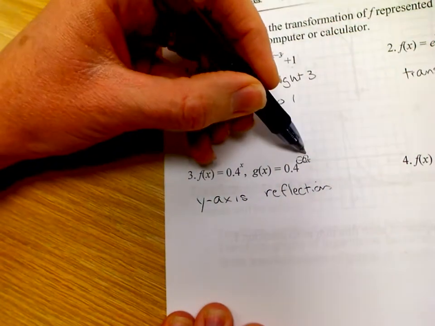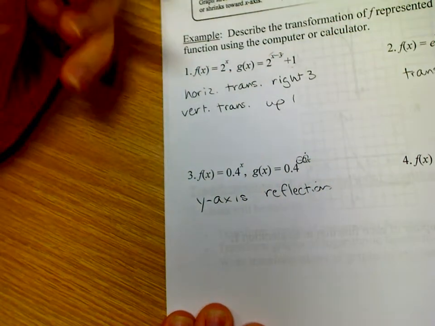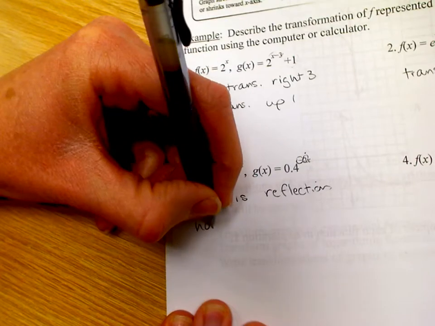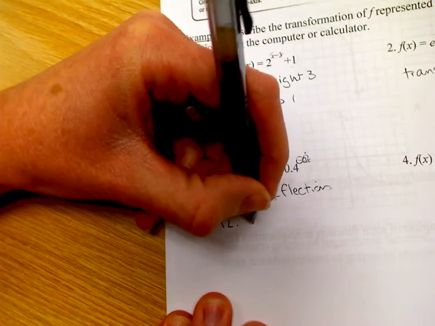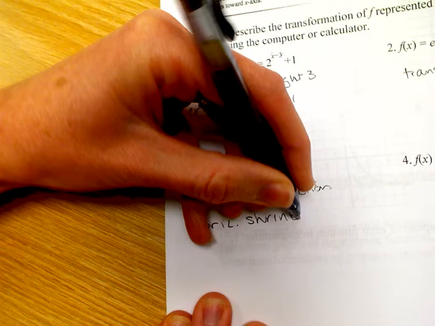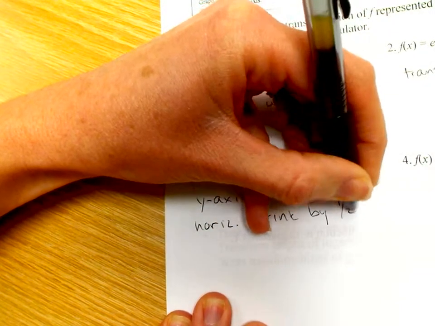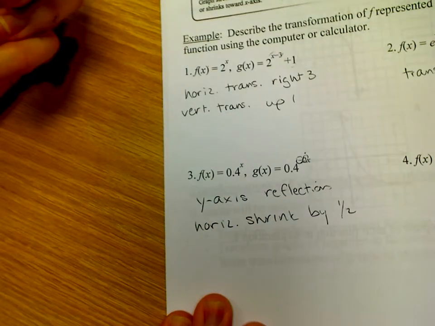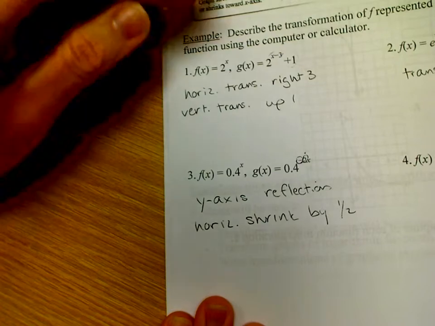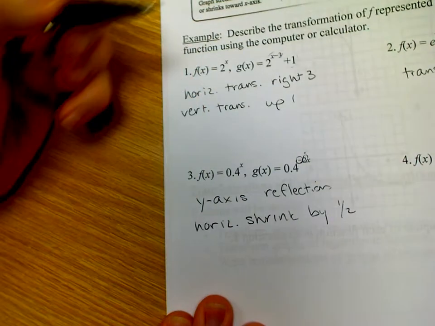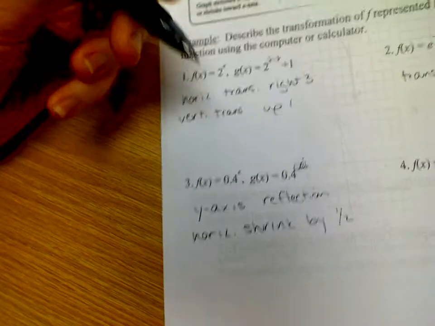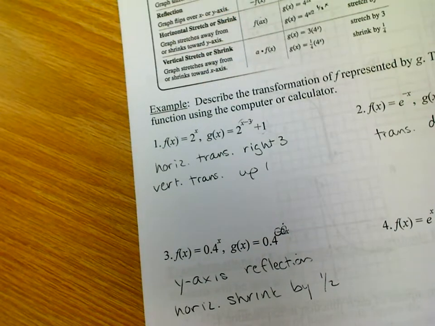Okay? The 2 being multiplied by the x is actually a horizontal shrink by a factor of 1/2. And so that's really what we looked at, and then you can graph this new function using your XY table, using -1, 0, and 1.